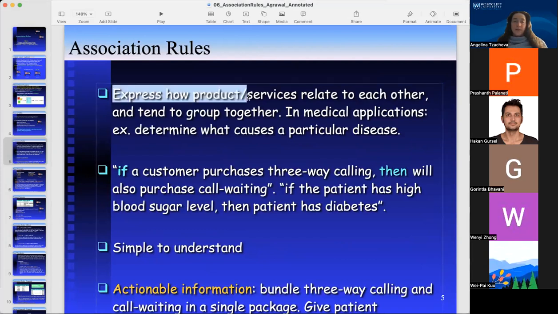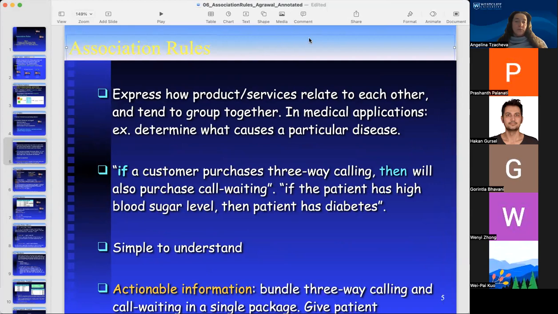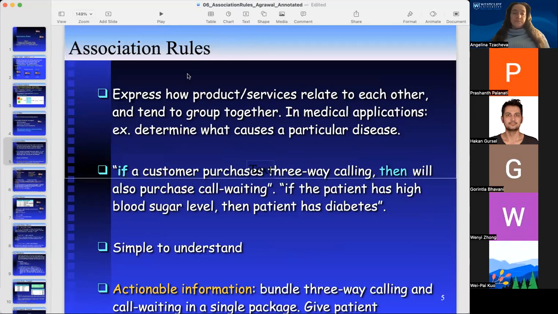So we can discover from the data what's called association rules. So what are these association rules? These are rules that come in the form of if-then statements.